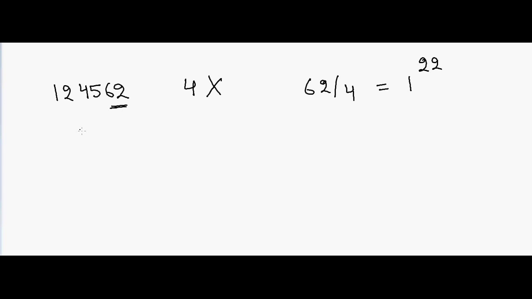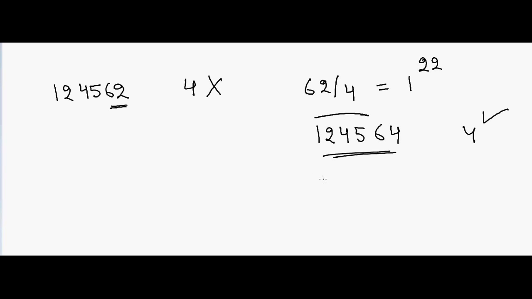So how can I modify this number? If I add 2 more at the end, so I make it 1 2 4 5 6 and make the last digits 64, then this number should be evenly divisible by 4. And I can modify this number any way.